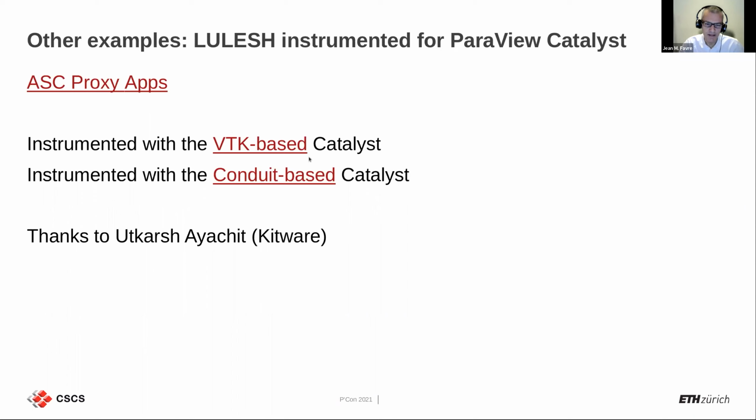This would be the instrumentation using a VTK data adapter, and you would see how much effort is required. And then the new interface with Conduit is also available at this address, thanks to Utkarsh. So I recommend, if you are interested in looking at the old versus the new interface, you look at this particular example.